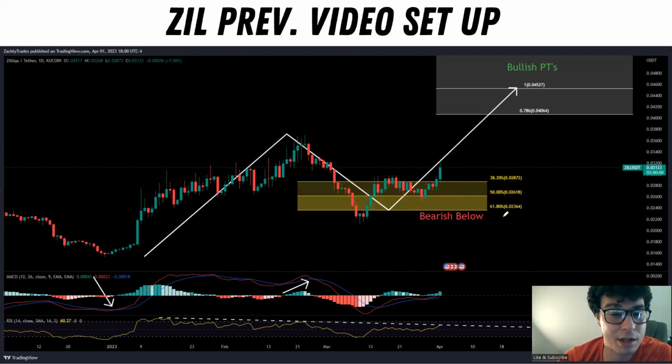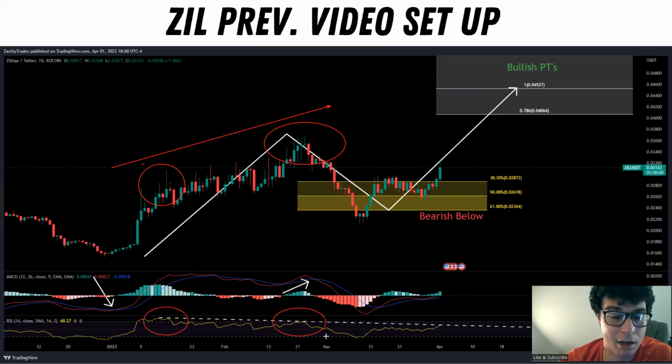Another thing I mentioned, that we could be seeing a really big move to the downside, was something known as bearish divergence. If you see here, we had this high, and then we had this higher high. So the token was clearly in an uptrend, making higher highs. But if you look at the RSI, we had a high and then a lower high. So the RSI was actually in a downtrend.